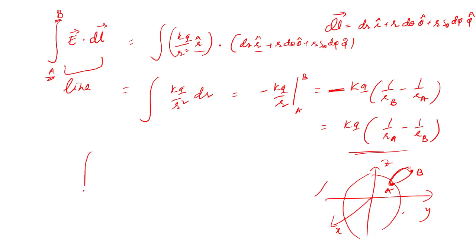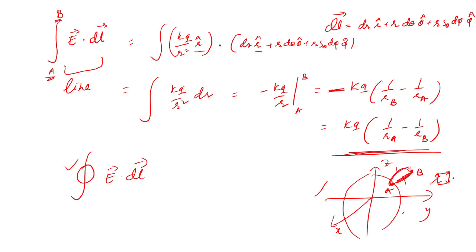So if I have the total integral of E dot dl, note that there is no closed loop here, so I'm just going from A to B. But if I have a closed loop coming back from B to A, on my way back it would be exactly the opposite of this. So overall these two will cancel out, and that happens in general for anything because we can divide any loop into small segments that would look like this, as we have discussed in Stokes' theorem.